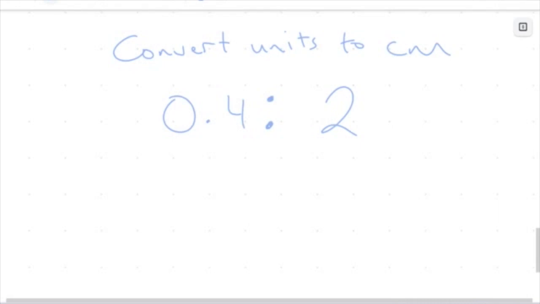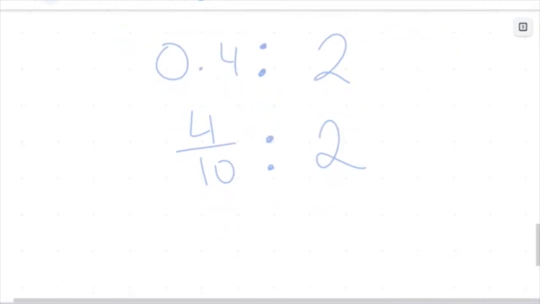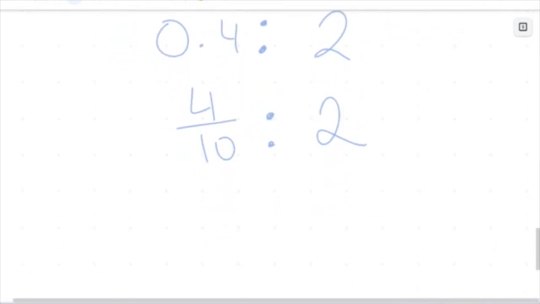Now, I can also write 0.4. This is a revision of fractions, decimals, percentages. You can see how there's a carryover here. I can write this as 4/10, or 4 divided by 10, to 2. Now what I want to do is kill this denominator here. I want to leave this in terms of whole numbers.